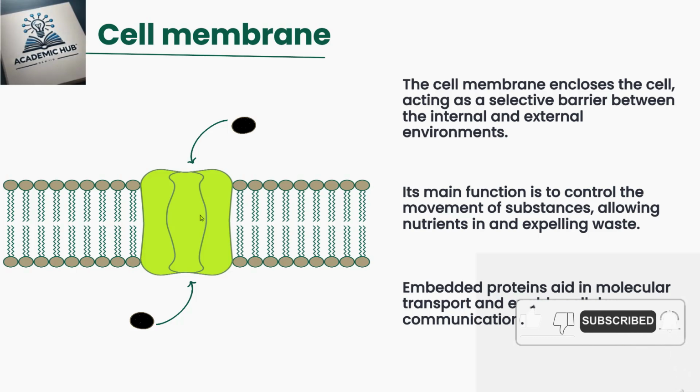Next is active transport. In cases where molecules need to move against their concentration gradient, the cell utilizes active transport that requires energy, usually in the form of ATP.